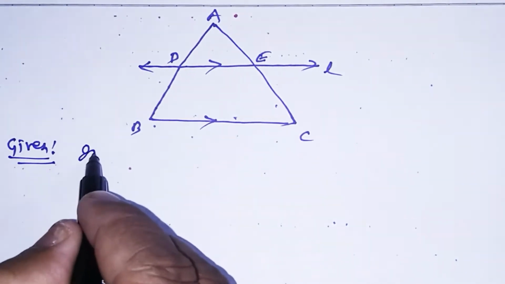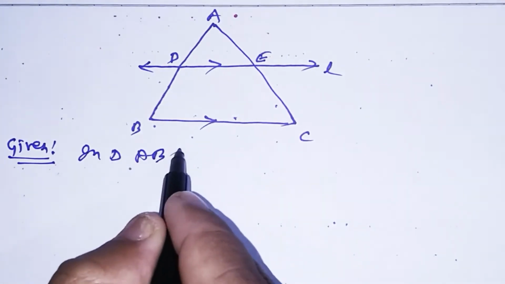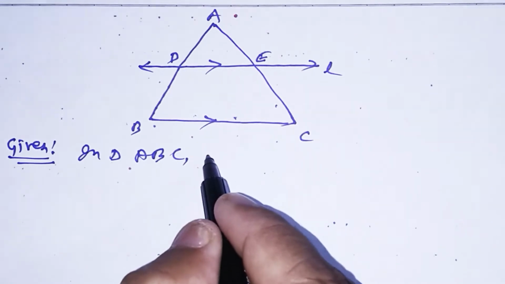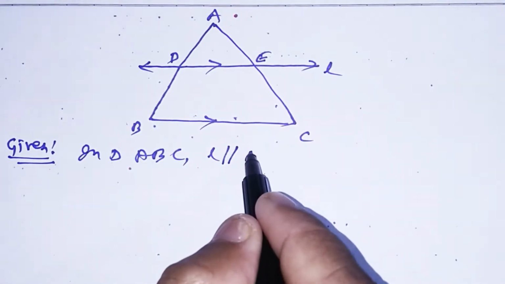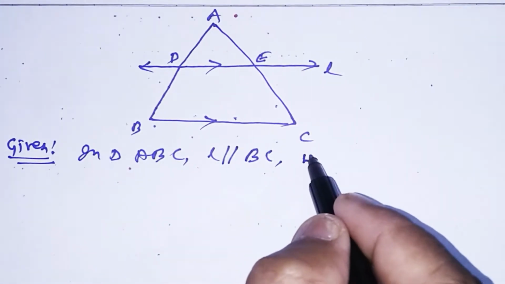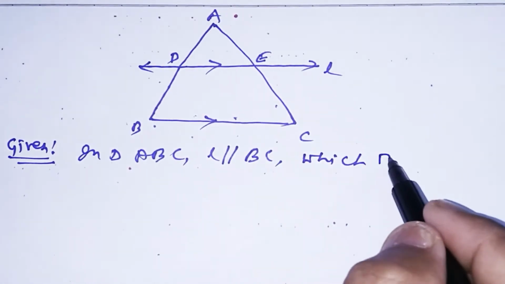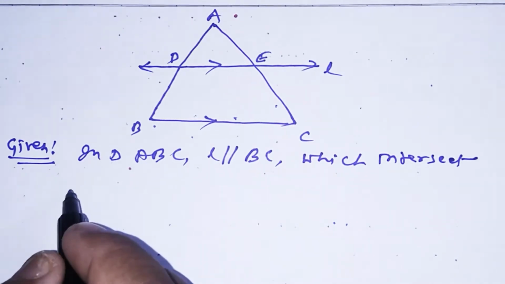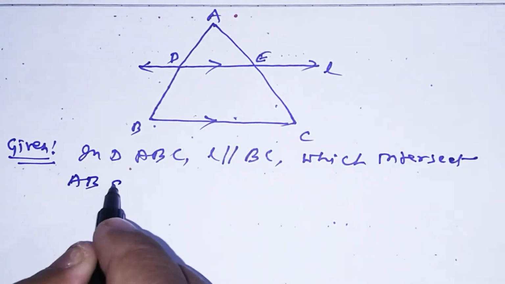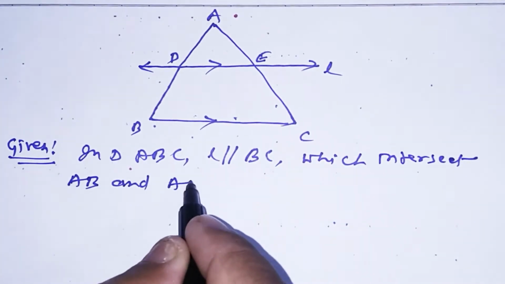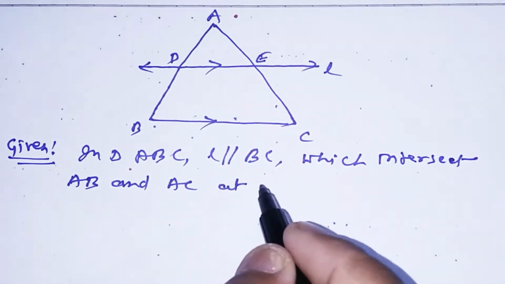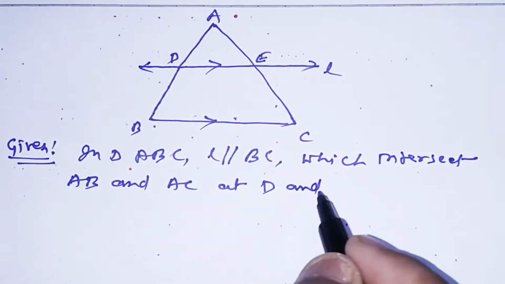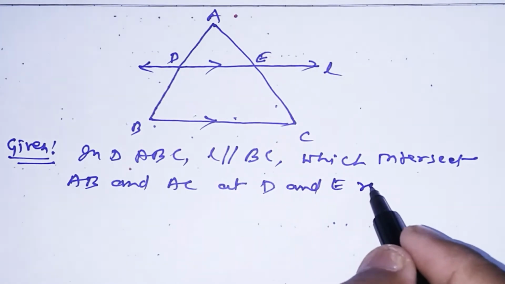Given in triangle ABC, L is parallel to BC, which intersects AB and AC at D and E respectively.